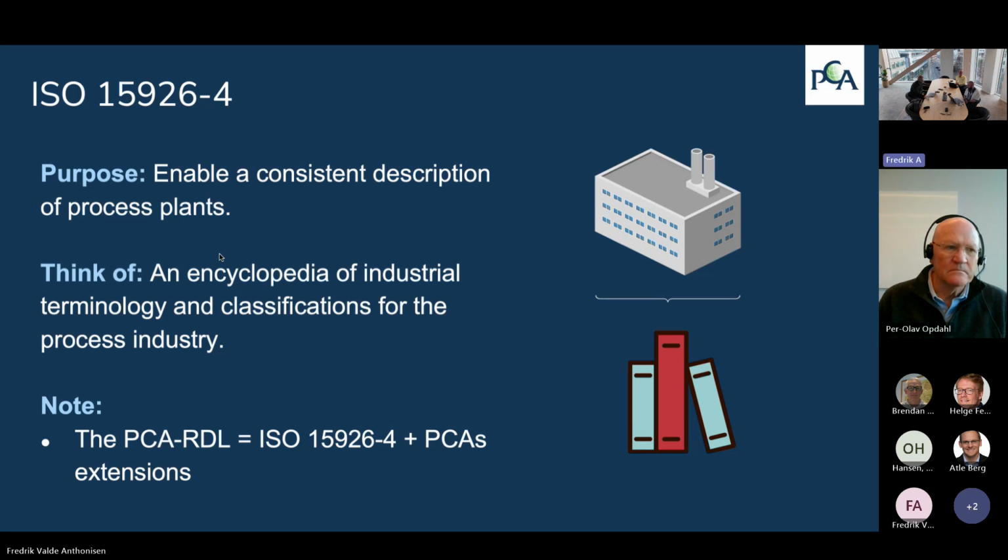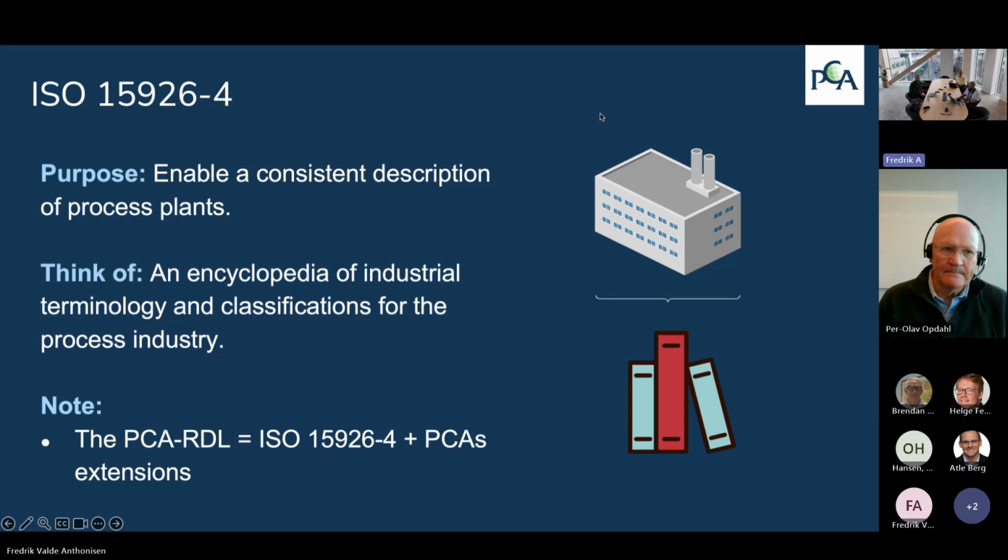And then a lot of people have probably heard of what we call the PCA RDL. One way to think of that is ISO 15926 part 4 plus several extensions that PCA has suggested and built up over the years.